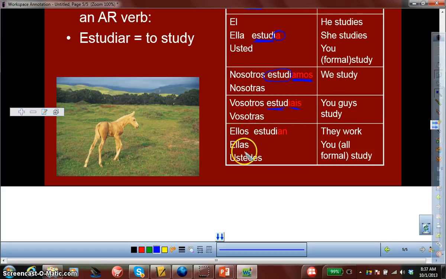And for ellos, ellas, and ustedes, the root stays the same, but instead of the AR, you're going to put AN. And that's how it's going to work with every single AR verb. So if you learn it, you'll be in perfect shape.